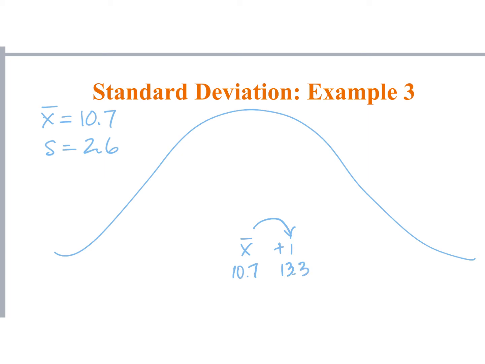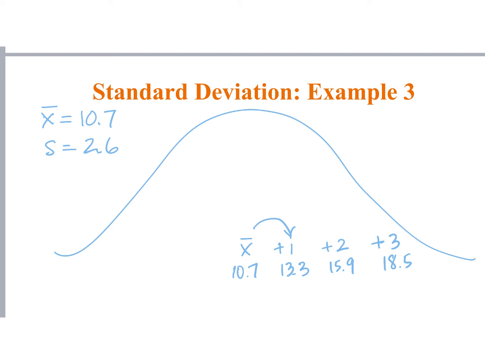If we wanted to get to 2 standard deviations above the mean, we're going to add another 2.6 to 13.3, and we'll get to 15.9. And if we want to get to 3 above the mean, we're going to add another 2.6 and get to 18.5. We're not going to go past 3 standard deviations, and I'll show you why in the next section.